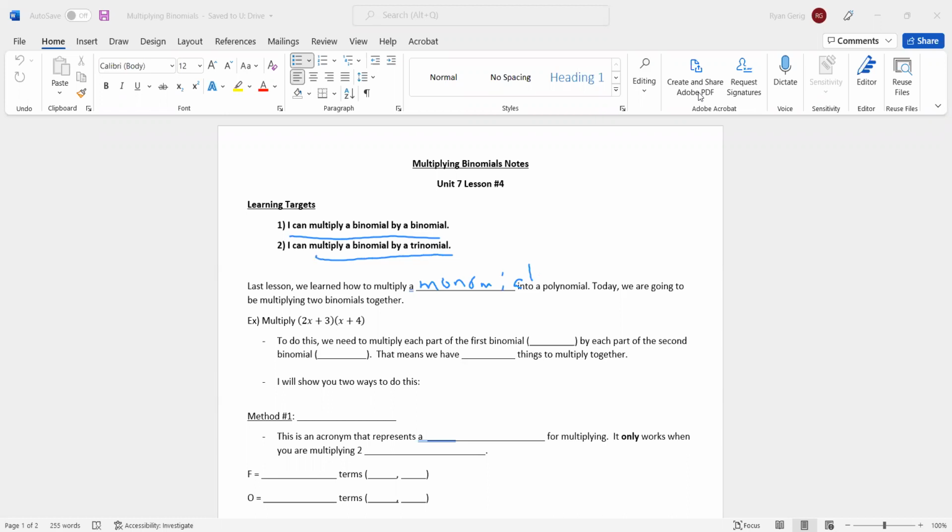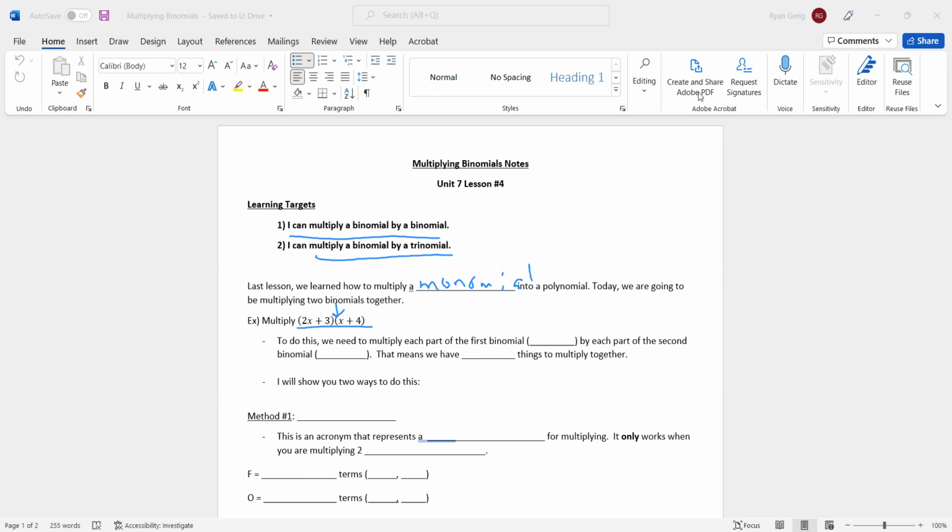So you can see what two binomials looks like right here. First example, 2x plus 3 times x plus 4. One thing I really want to point out early on here, there's no symbol in between those that indicates multiplication. I have people who will add stuff here. There's no plus between the binomials. That means we're multiplying them.